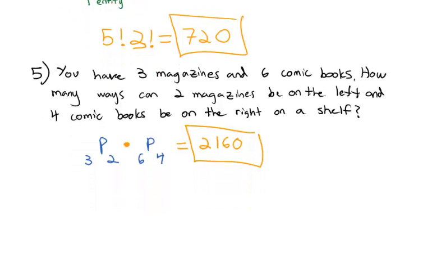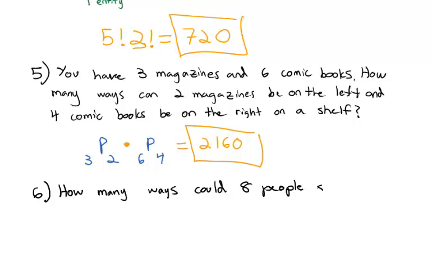How about this example? How many ways could, let's say, 8 people sit at a round table?